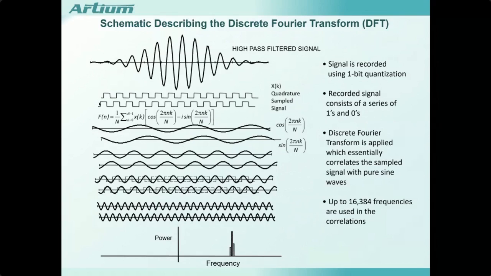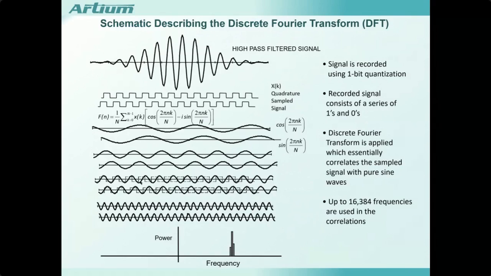Now, to find the frequency of this signal, the discrete Fourier transform simply correlates a whole range of sinusoidal frequencies, essentially multiplying them times the sampled signal. So it starts at 0 frequency and increases the frequency in steps until at some point the sinusoidal frequency is very close to the sampled frequency.